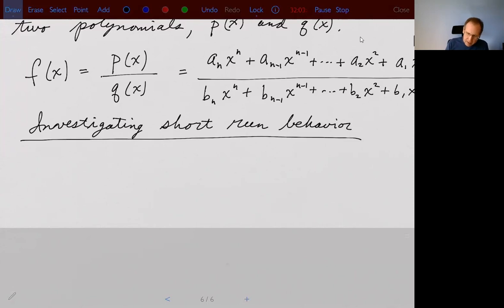So what does that mean? It basically means finding asymptotes, vertical and horizontal asymptotes, and intercepts. That would be the localized, short-run behavior. So it basically means finding asymptotes and then vertical and horizontal intercepts.